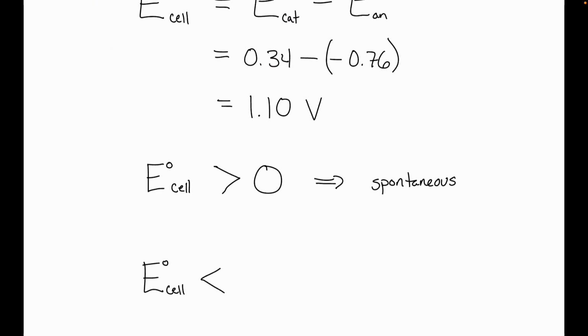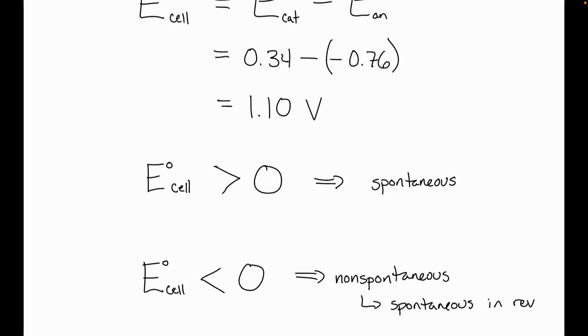If your standard cell potential is less than 0, that means that your battery will not react spontaneously, but non-spontaneously. All right, but remember, non-spontaneous doesn't mean it's not going to occur at all. It just means it's going to go in the other direction, right? So remember, non-spontaneous means it's actually spontaneous in the reverse direction, which from a battery standpoint just means that you botched which end was your cathode and your anode. You switched them up, right?